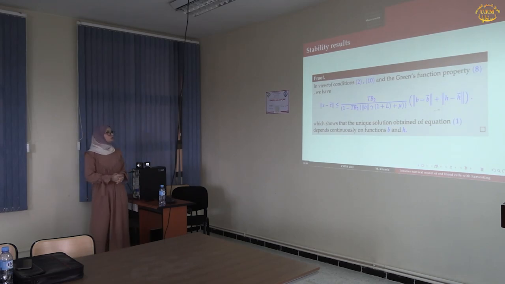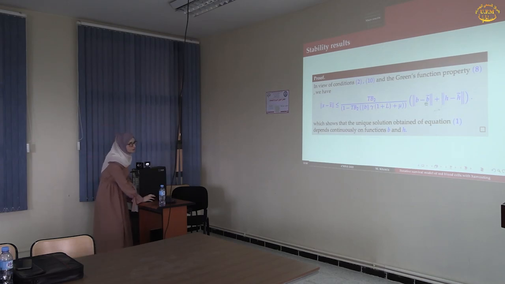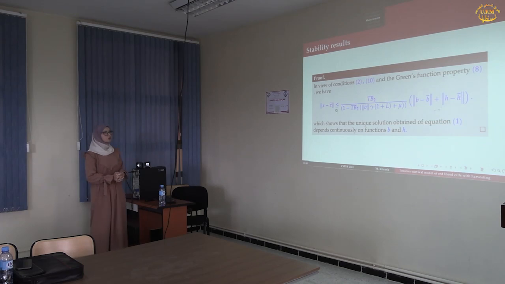In view of conditions 2, 10, and Green's function property 8, we arrive at this inequality, which shows that small variations in production rate b and harvesting term h lead to small variations in the obtained solution. So the unique solution of equation 1 depends continuously on parameters b and h.